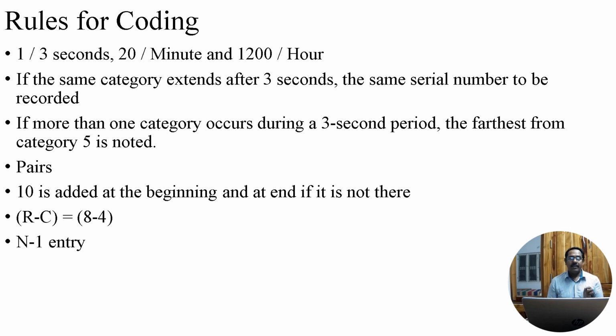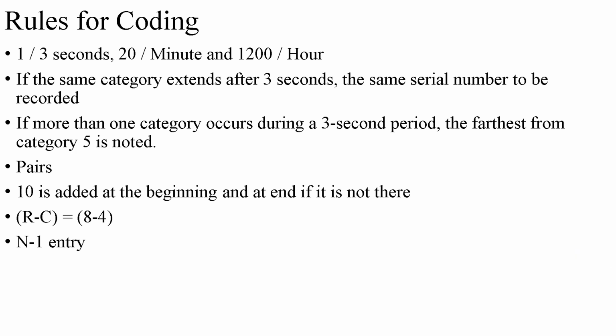Normally, in a pair, the first number will be the row and the second will be the column. If you have a total of n entries, there will be n minus 1 entries in the matrix. All the rules here will be explained again in the next slide.